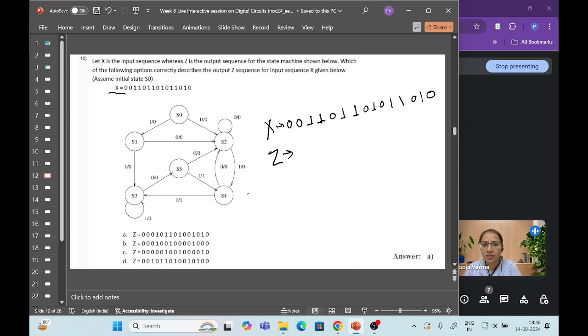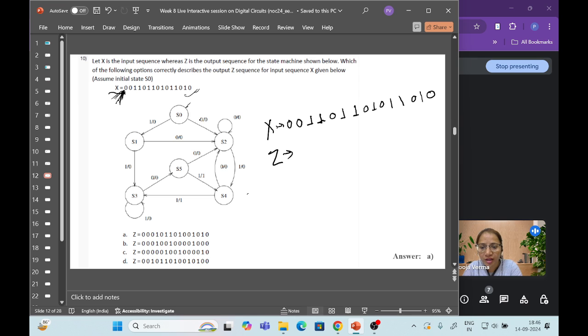So let's start. S0 is the initial state, so we will start from here. For tracking the input sequence, we have to start from the leftmost. So let's start from that 0. We start from S0.